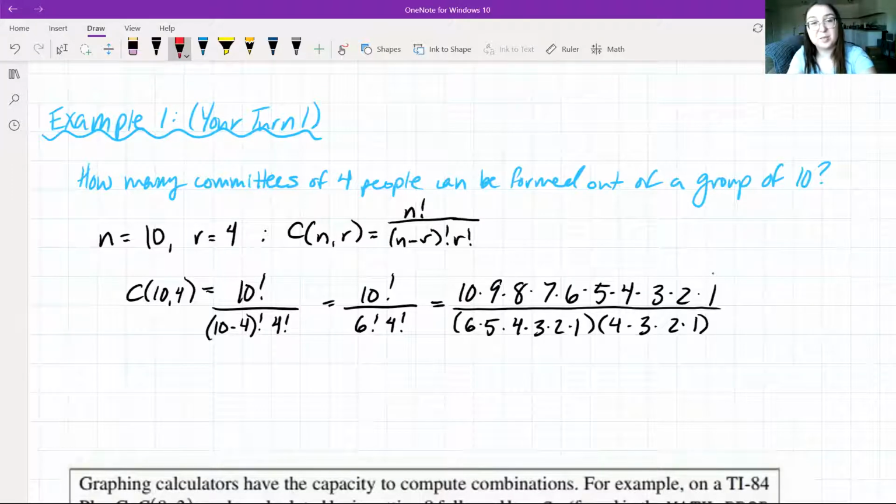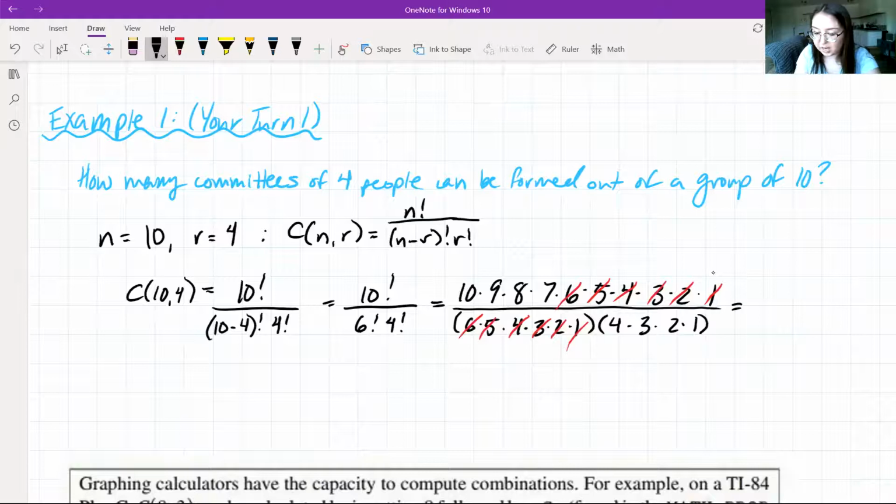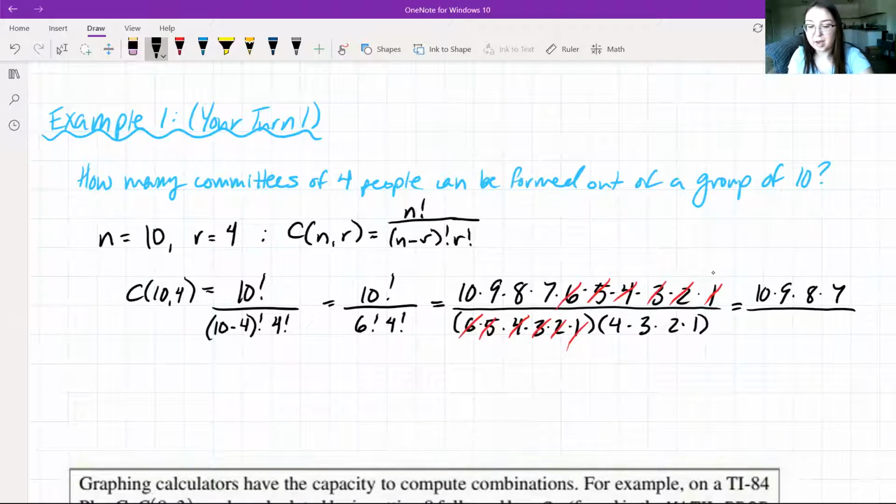So what we're going to do is cancel out each one of our values of our 6 factorial. So we can cancel 6, 5, 4, 3, 2, and 1. And when we rewrite this, what we end up getting is 10 times 9 times 8 times 7 divided by 4 times 3 times 2 times 1.